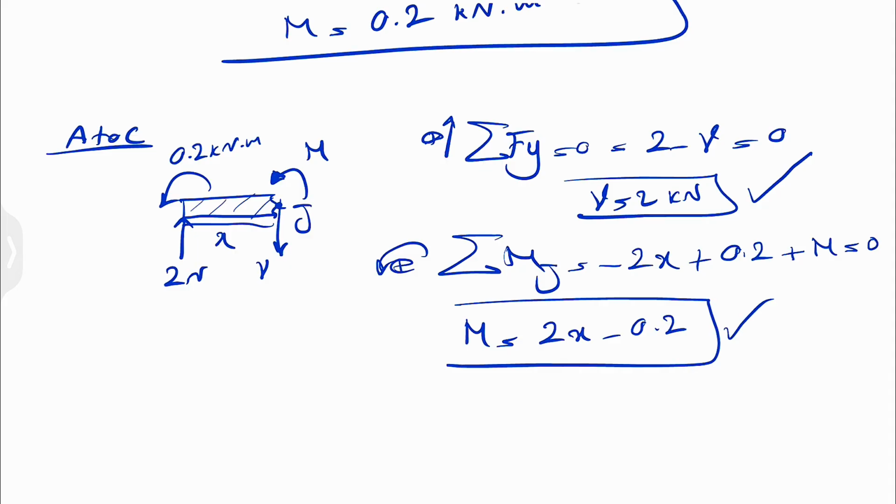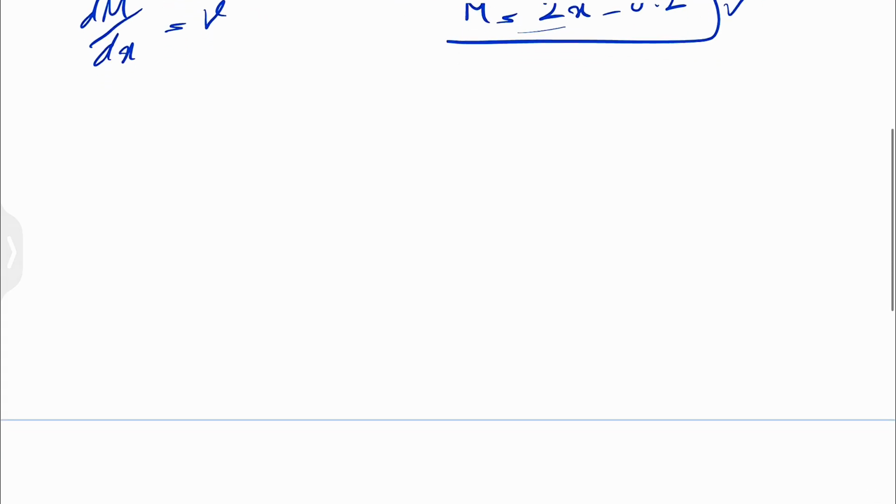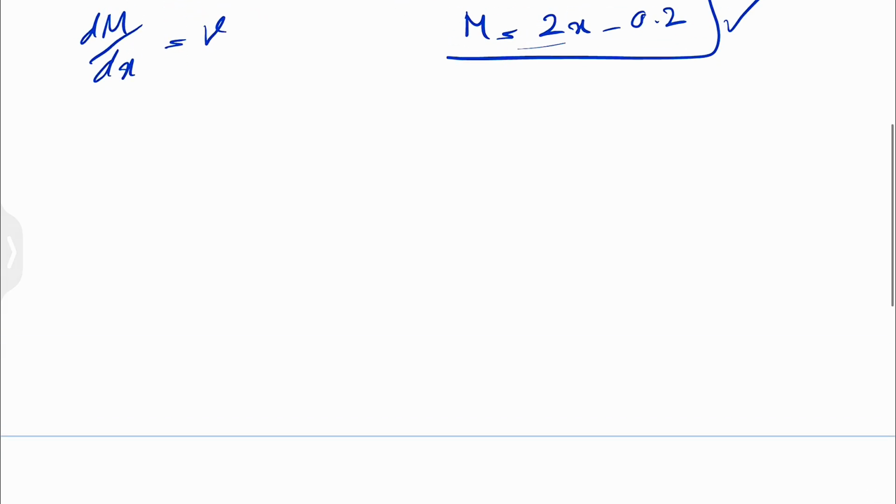One quick way to double check this equation is that the differentiation of M with respect to x has to give you the shear force, which is going to give us 2, so everything's good. Let's show the diagrams maybe here.